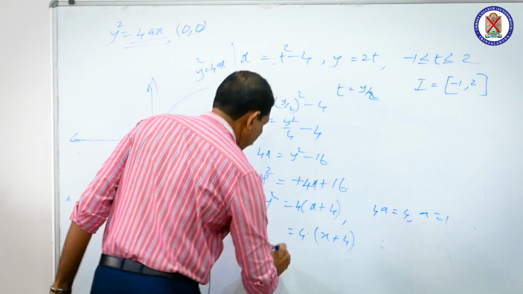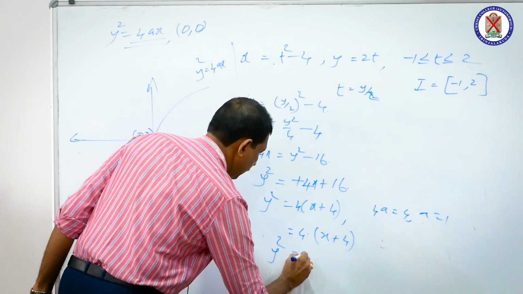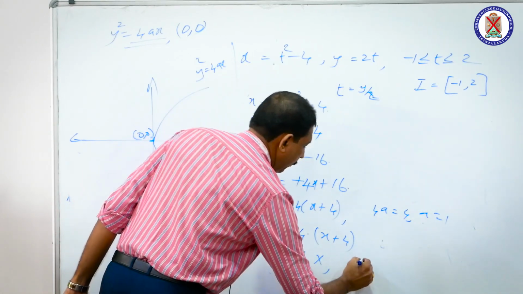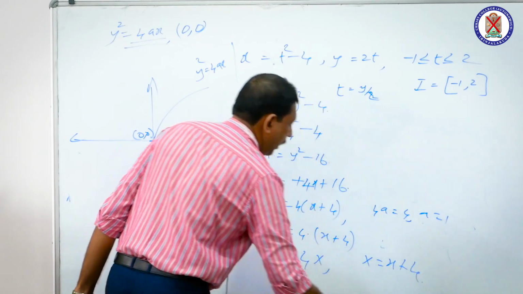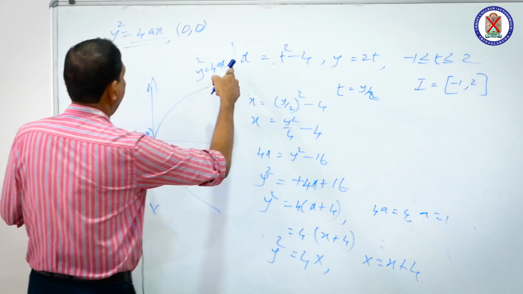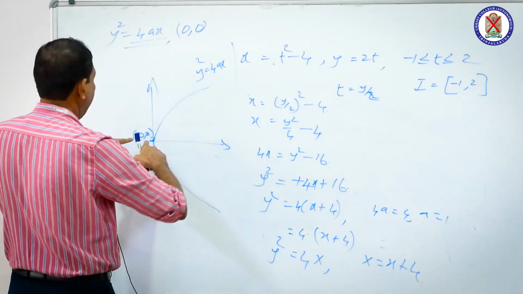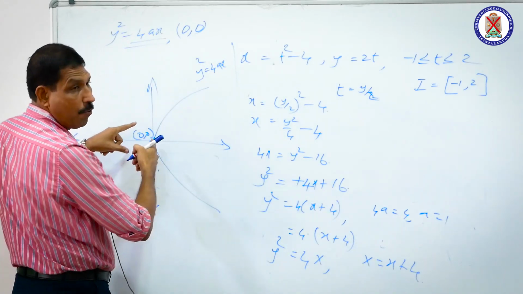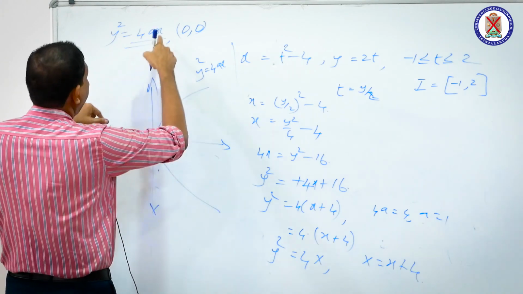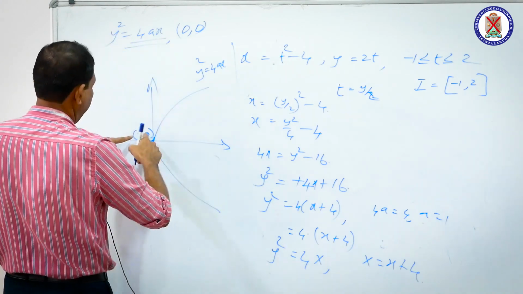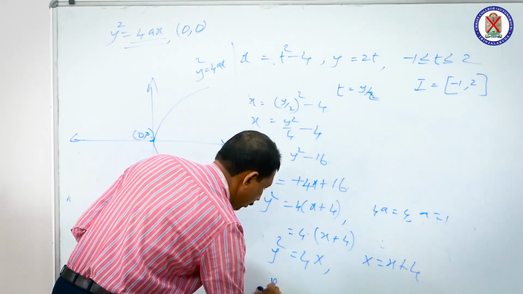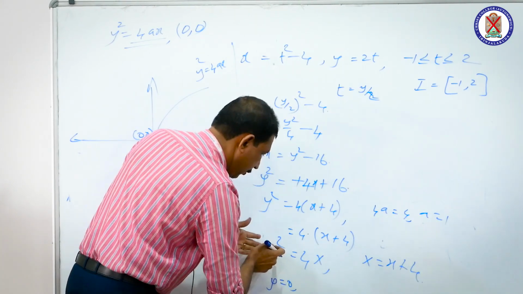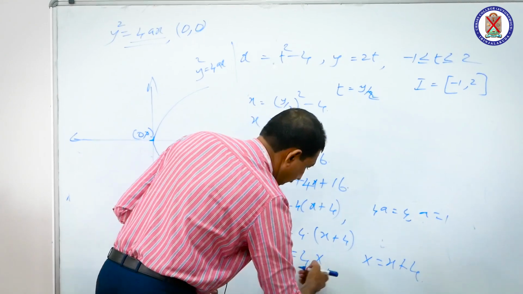Therefore, this is of the form y square equal to 4aX, where capital X is equal to x plus 4. And you know for y square equal to 4ax, vertex is 0, 0. There we put x equal to 0, y equal to 0, we get 0, 0. Here also, we put y equal to 0, we get y equal to 0. There is no change. There is a change for capital X.